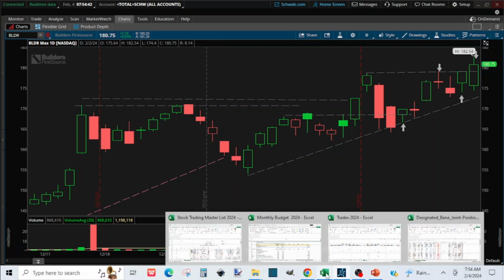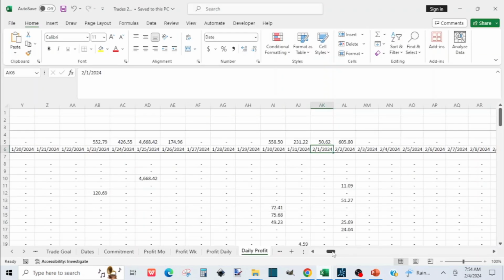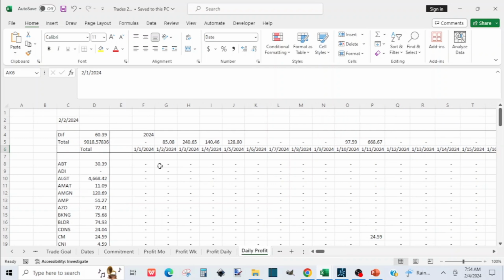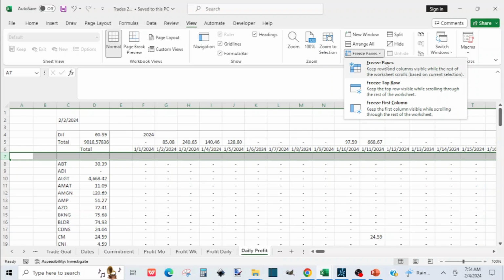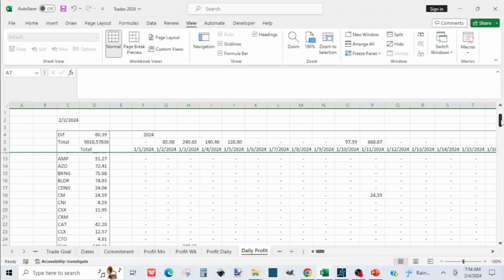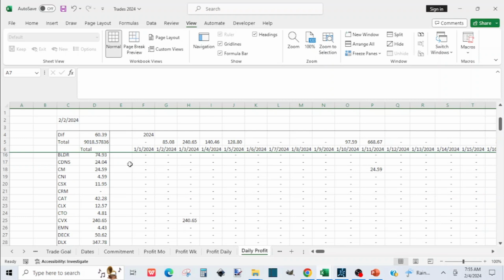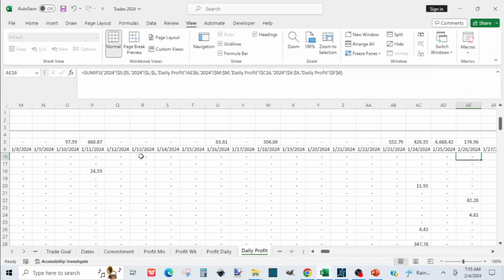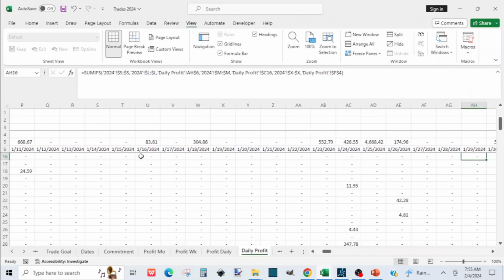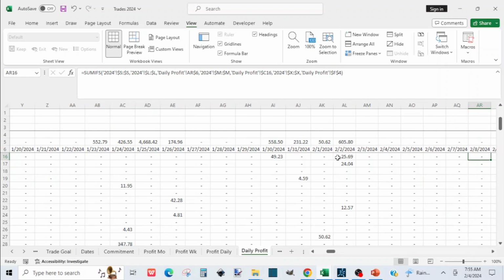So we can take a look at it to see how much profit we made on that one. It was 74.93, but it was on the second, so yeah, we made $25 profit when we bought it on the 1st of February and sold on the 2nd.